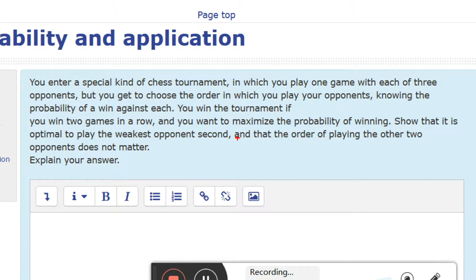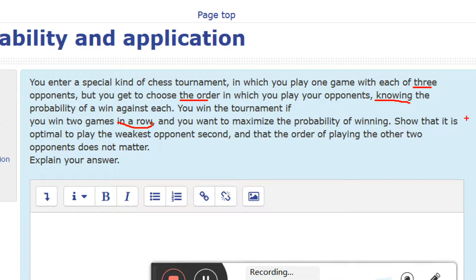Question 4. You enter a special kind of chess tournament in which you play one game with each of 3 opponents, but you get to choose the order in which you play your opponents, knowing the probability of winning against each. You win the tournament if you win 2 games in a row, and you want to maximize the probability of winning.